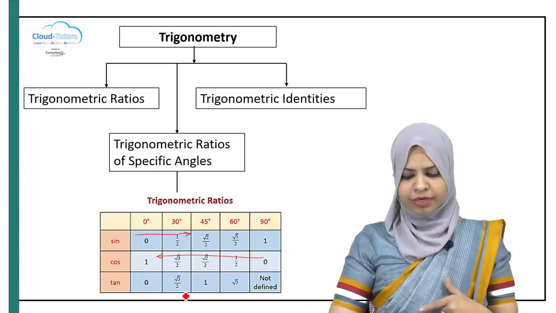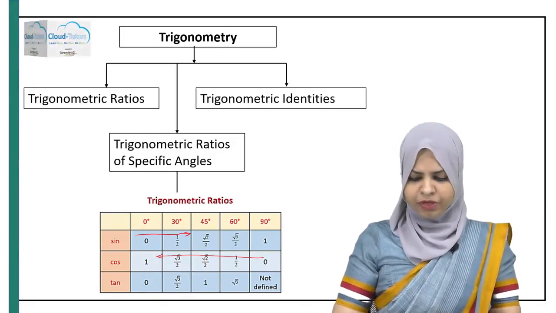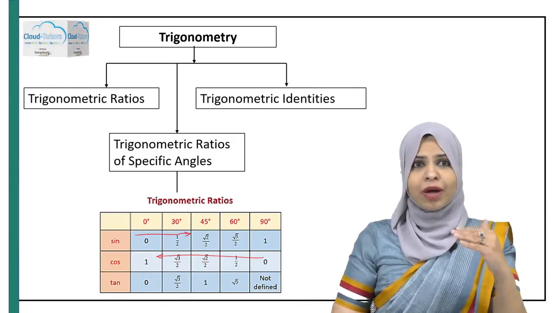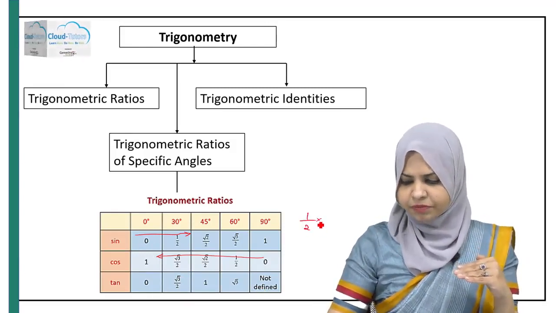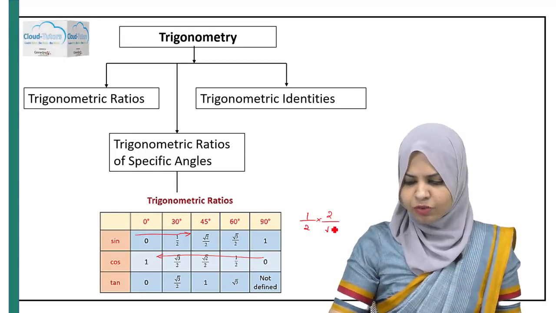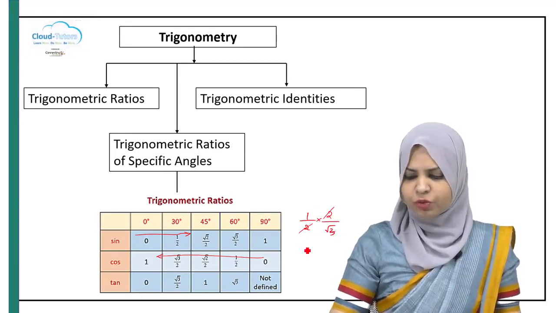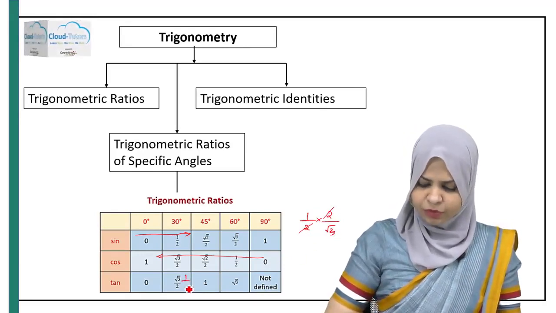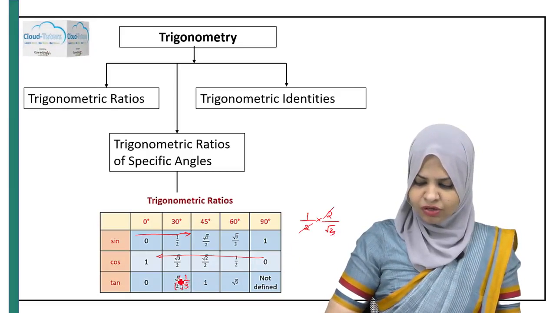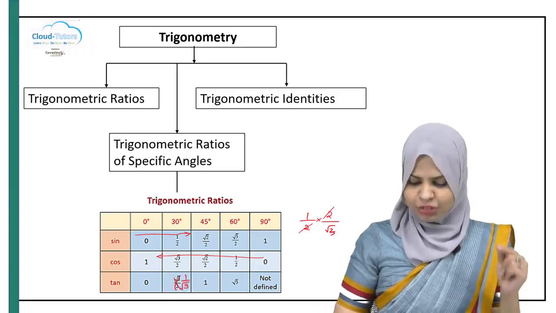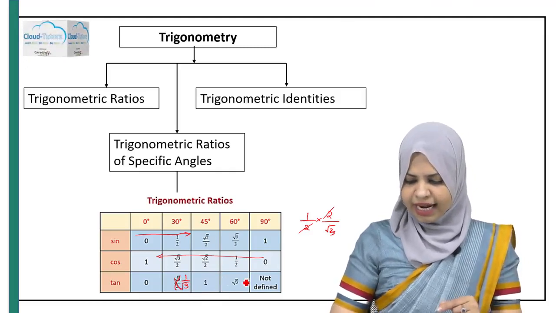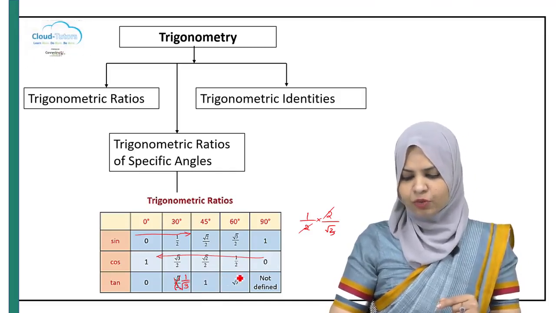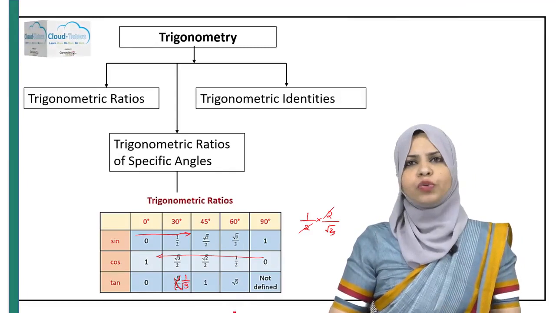Then 1 by 2 divided by root 3 by 2 is 1 by 2 times 2 by root 3. The 2 and 2 cancel and you will get 1 by root 3. Then you get 1 here, and the ratio of root 3 by 2 and 1 by 2 will give you root 3.